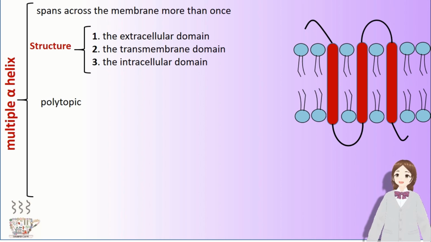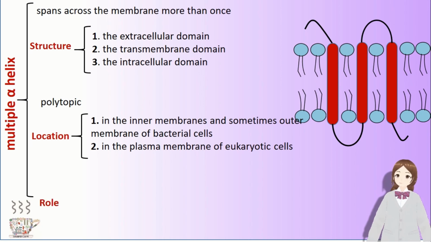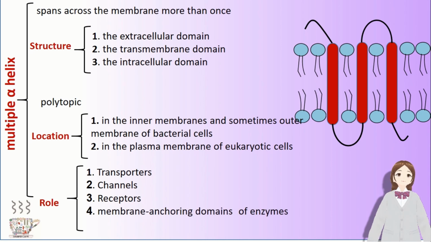It's classified topographically as polytopic. It's located in the inner membrane and sometimes outer membrane of bacterial cells, and in the plasma membrane of eukaryotic cells. It plays a role as transporters, channels, receptors, membrane anchoring domains of enzymes, and proteins responsible for cell adhesion.